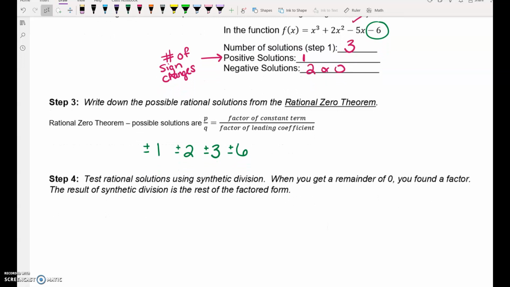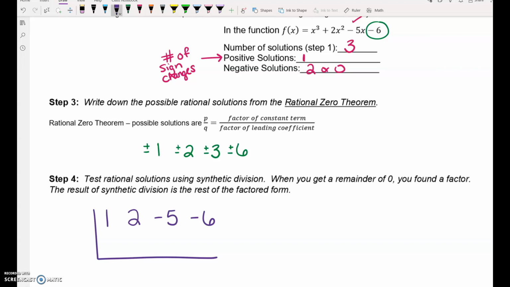We do this using synthetic division. So if you remember synthetic division, we have 1x cubed plus 2x squared minus 5x minus 6. Now, here's the question. Which of these solutions should we test first?